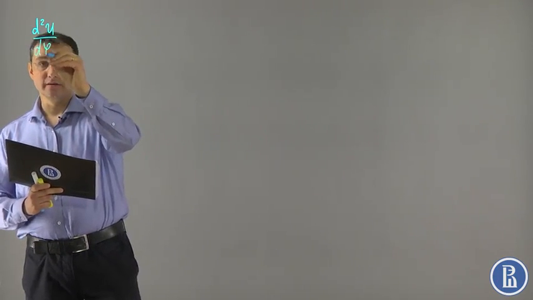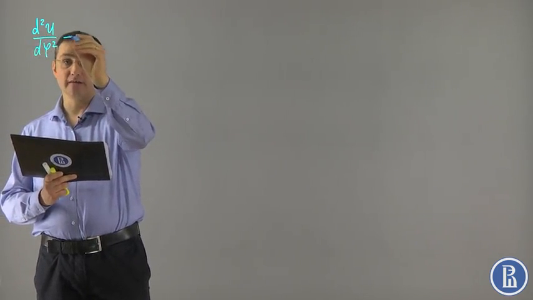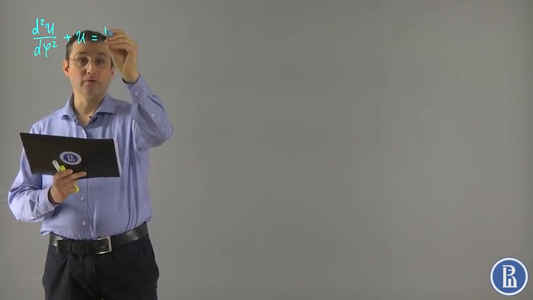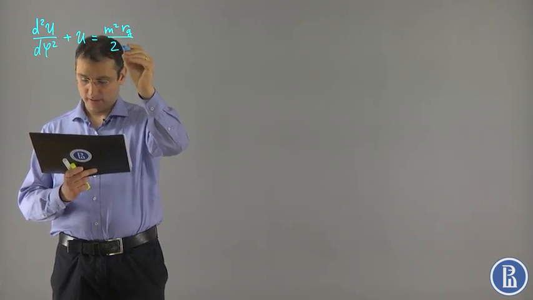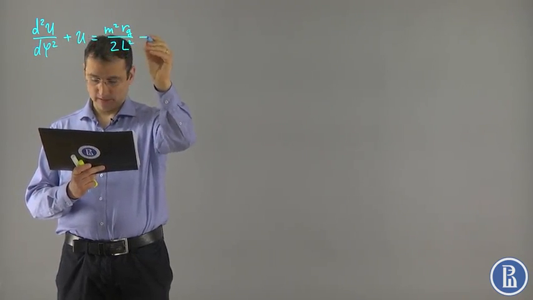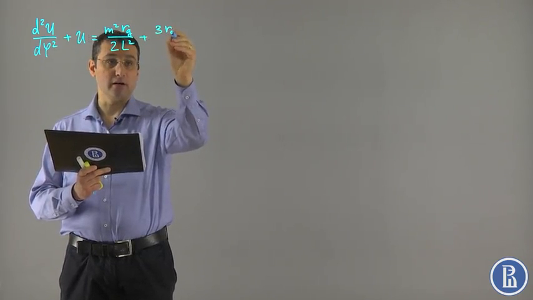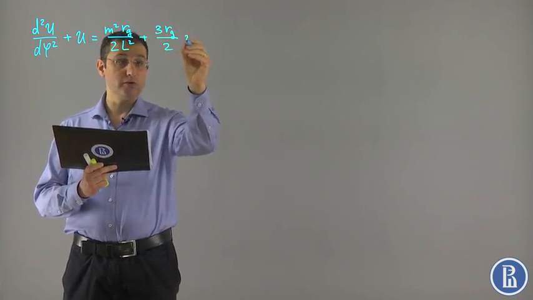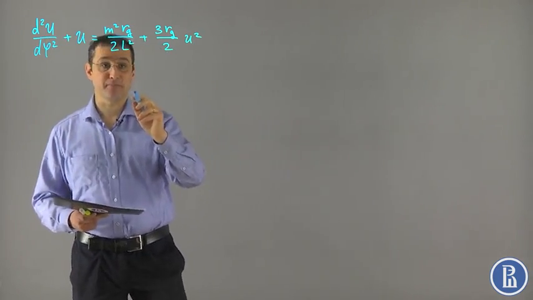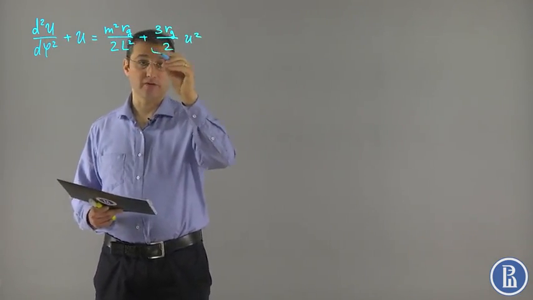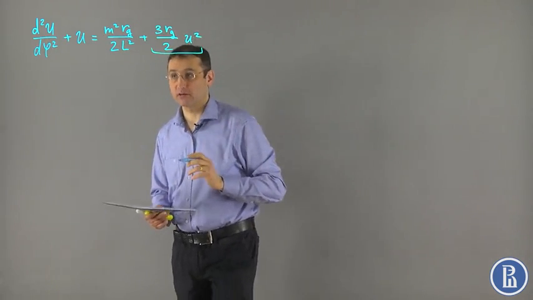So we are solving this equation: d squared u over d phi squared plus u is equal to m squared rg divided by 2l squared plus 3rg over 2 u squared. This equation is exact in the non-relativistic approximation, so we consider this term as a perturbation.